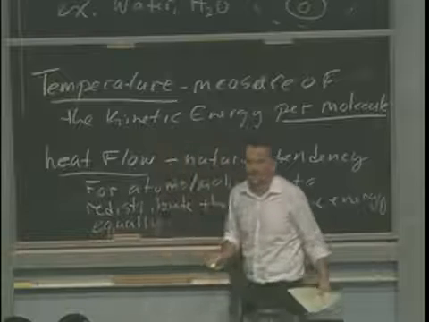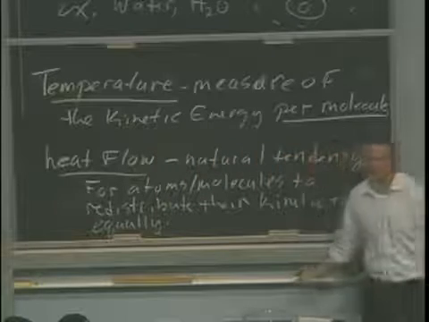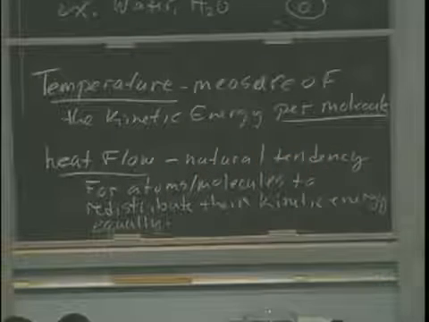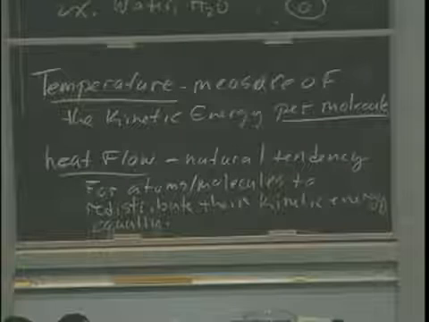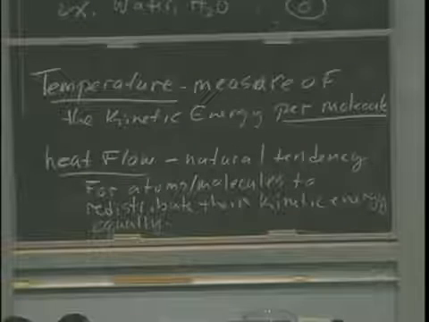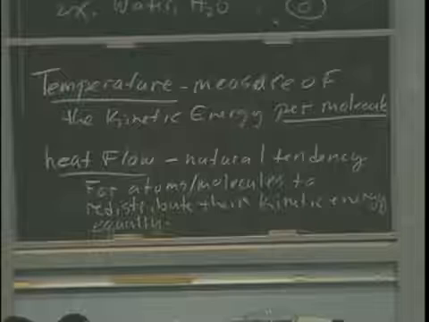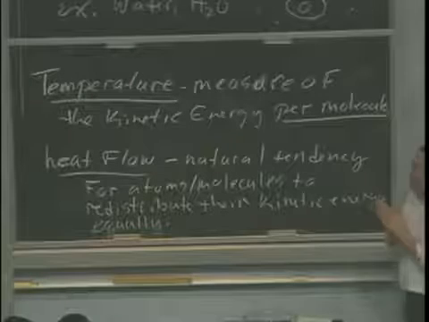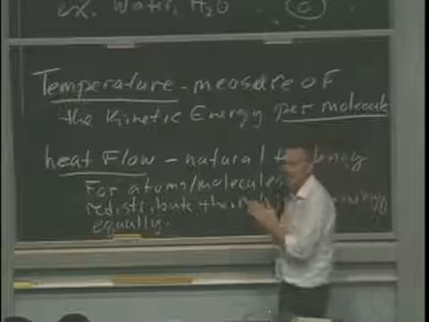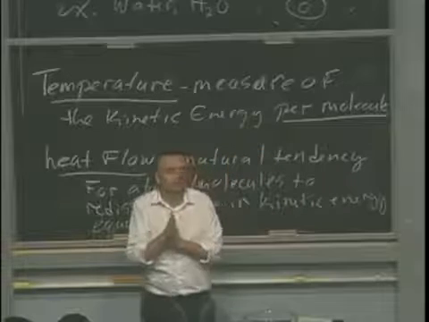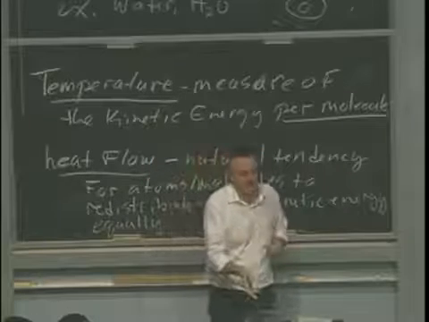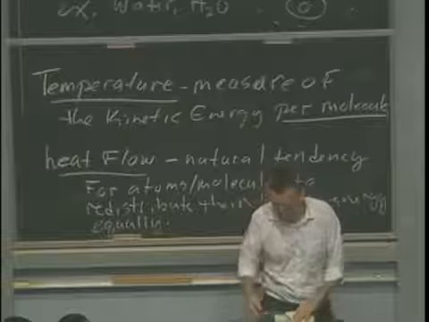If you take a bunch of high kinetic energy molecules and a bunch of low kinetic energy molecules and you mix them all together, they're going to redistribute their energy roughly equally between them, which at a molecular level means that there is a transfer of heat from the high kinetic energy ones to low kinetic energy ones.